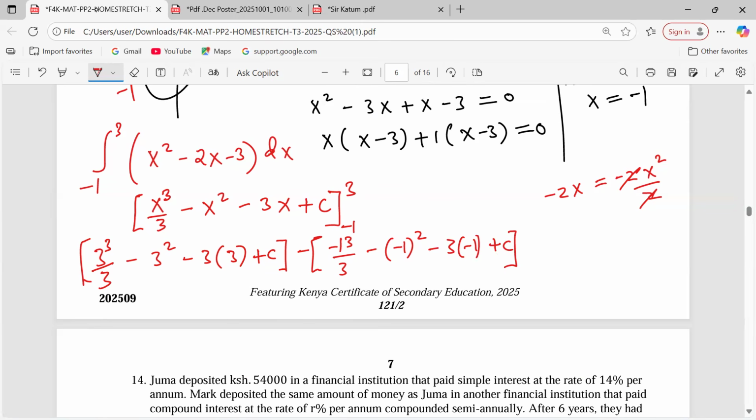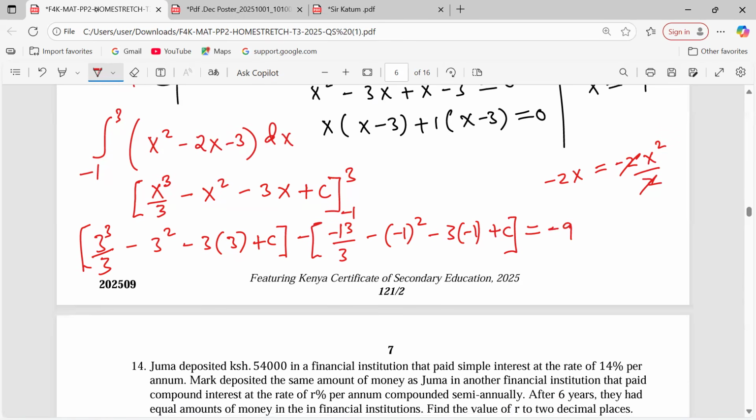So we can compute the first part, the second part, and we subtract. Now from the first part, let me use my calculator very well. 3 power 3 is 27 over 3, giving us 9, minus 9, and minus 9 once again. So I'm getting -9 at the end of it.